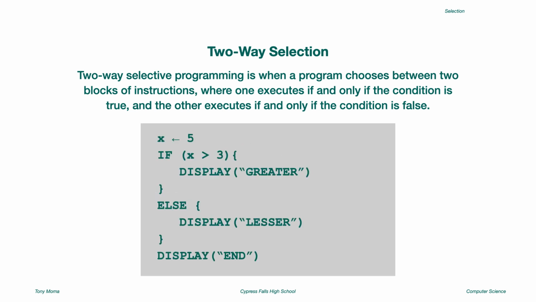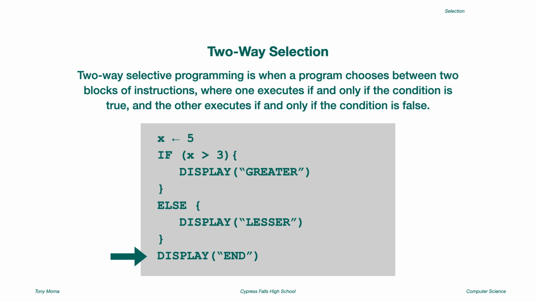To see an example of this, consider the following segment. In the first line, we declare a variable named x and assign it the value 5. Then in the next line, we say if x is greater than 3, display greater. Since this condition is true, we're going to go inside that if statement, display greater, then we're going to skip over the else block because once again, the else block only gets executed if the condition is false.